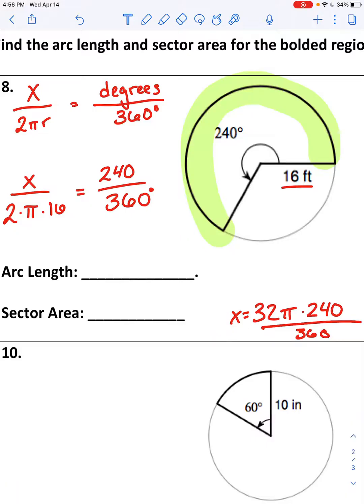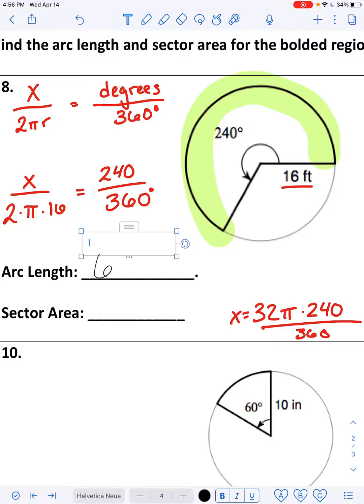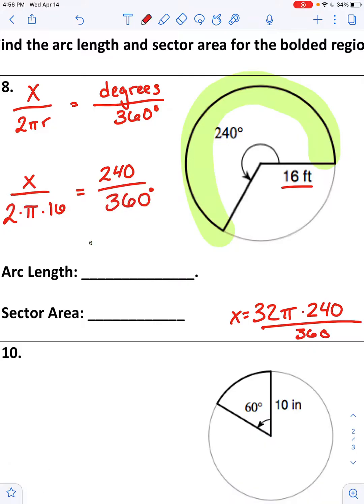And I'm left with 32 pi times 240 over 360. So 32 pi times 240 over 360, which is about 67.02 feet.